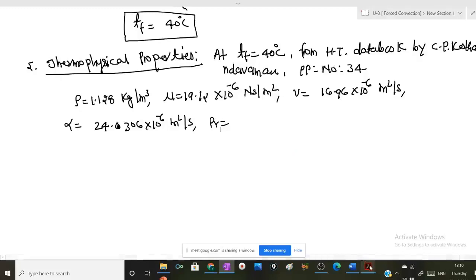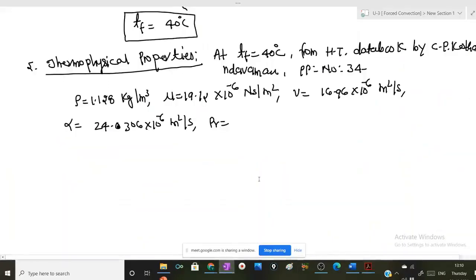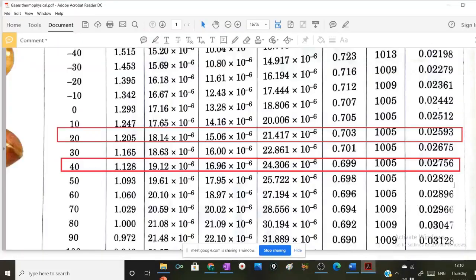Further, the next value is Prandtl number 0.699 and Cp value is 1005 joule per kg per Kelvin, and final value is k, 0.02756.